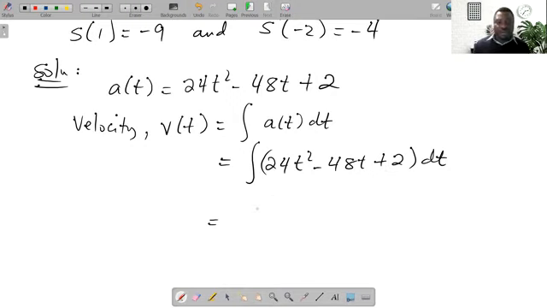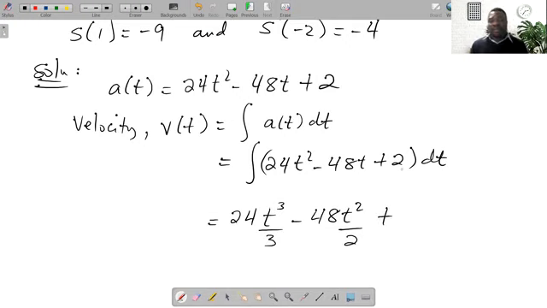So I'm going to use the power rule in this case. So this is going to be 24t cubed over 3. Remember, in all cases, you add 1 to the power and then divide by the resulting power. So that will be minus 48t squared over 2. If the term is a constant, all that you do when you're integrating is multiply by the variable of integration.